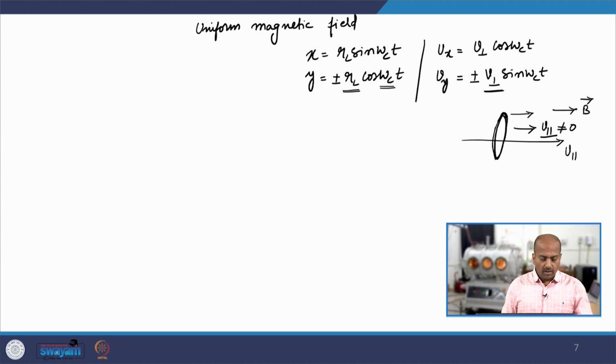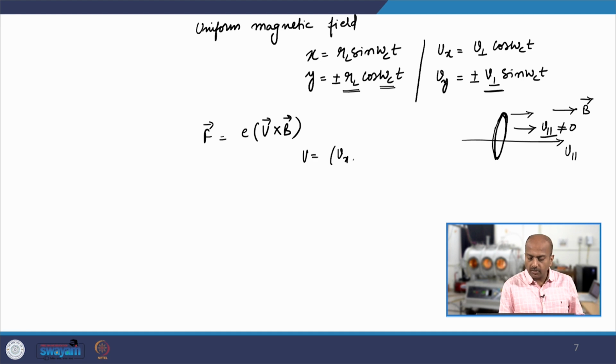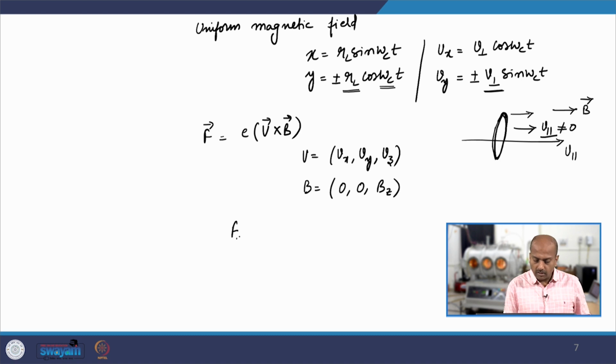So, now let us say we use this formula for the force. Since there is no electric field, we will write q times V cross B, right. So, we have V, the velocity, written as Vx, Vy, Vz, and B written as 0, 0, Bz, right. Evaluate this cross product, what you get is Fx is going to be Q Vy Bz, Fy is minus Q Vx Bz, Fz is equal to 0.